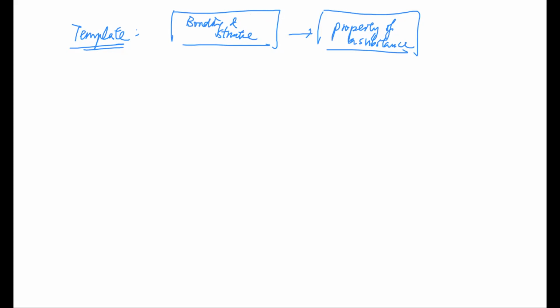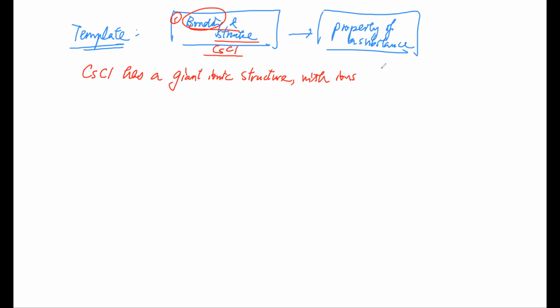First, if I'm going to talk about the bonding and structure of cesium chloride, what should I write? Cesium chloride has a what structure? Giant ionic structure. How about bonding? You did not say anything about bonding. With ions held by what? Ionic bond. Or you say ions of opposite charge.